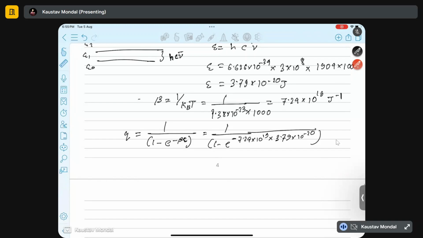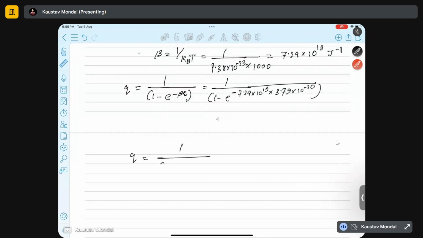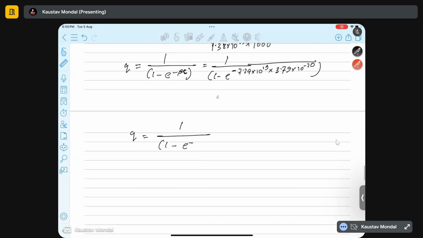So if you multiply 7.24 into 3.79, that into 10 to the power 19, that into 10 to the power minus 20, this gives you 2.74. Okay, so e to the power minus 2.74.